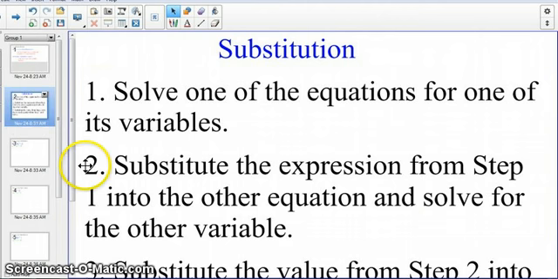This next slide shows our substitution steps. So the first thing that we'll do is we will solve one of the equations for one of its variables. That means we're going to get either our x or our y variable all by itself. Then we'll take what it equals and substitute that expression from the first step into the other equation.